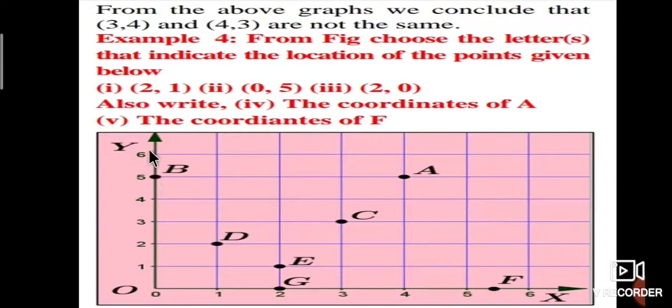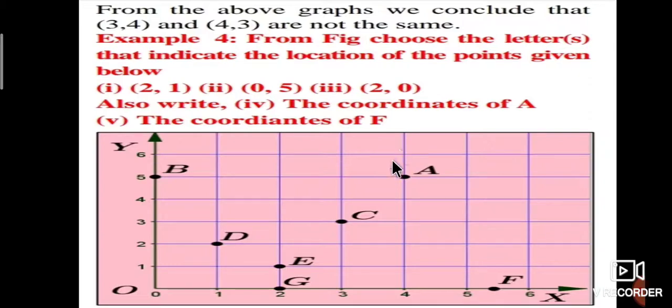Draw a line, x-axis and y-axis. This is the y-axis, this is the x-axis. The intersection of the x-axis and y-axis is O. Therefore, along the x-axis 1, 2, 3, 4, 5, 6.